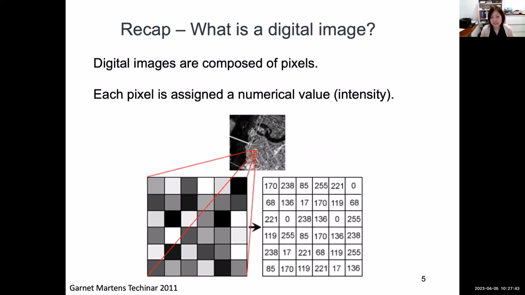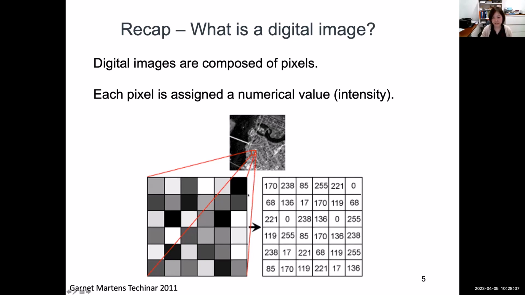So just for a recap, what is a digital image? Digital images are composed of pixels, and each pixel is assigned a numerical value, which we call pixel intensity. If we zoom in on part of the digital image, you can see the pixels, and each pixel has this numerical value.